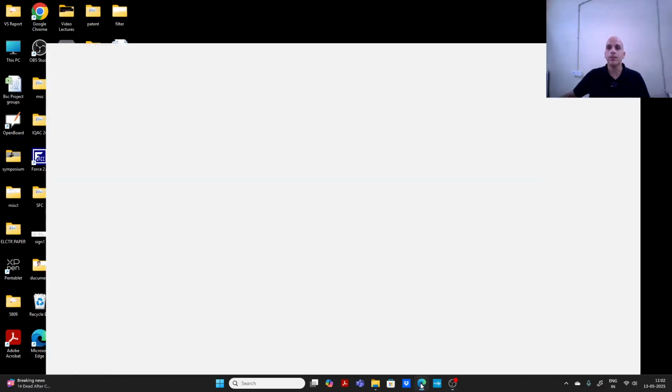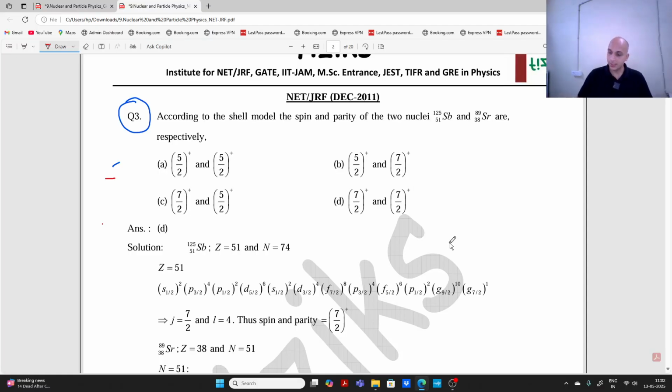Well, now I'm starting with the question asked in the NET JRF exam. So you can see here the question. According to the shell model, the spin and parity of the two nuclei, that is antimony-125 (51) and cerium-89 (38), right?